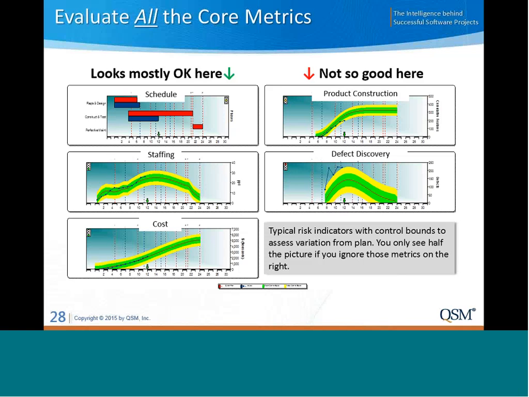If we only looked at the metrics on the left, let's say ignoring the ones on the right, it looks like everything's green, everything's on track. But in reality, it's not. And we've seen in many cases where these metrics on the right have been a very powerful indicator of where the project truly is. And I'll provide a couple of real examples.